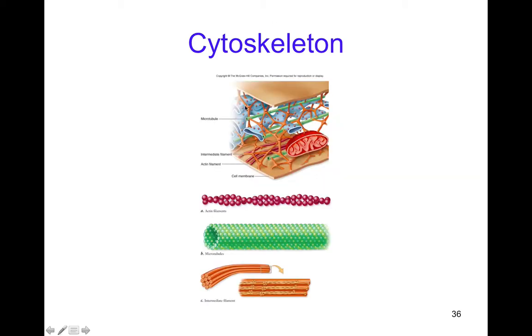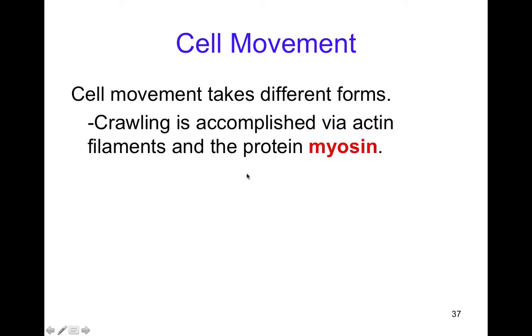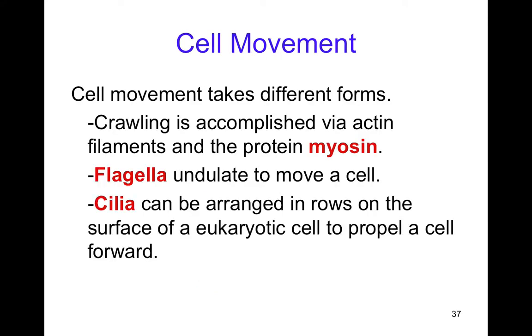So here are some examples. You see microtubules here. You see intermediate filaments, again maintaining that structure, and then actin filaments. So cell movement takes on a few different forms. Crawling is accomplished via actin filaments and the protein myosin.